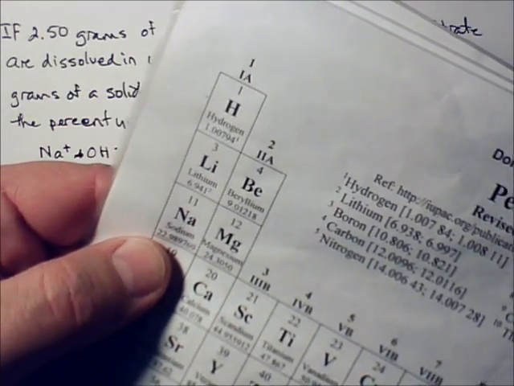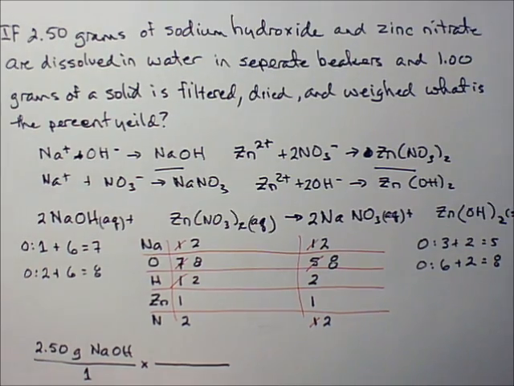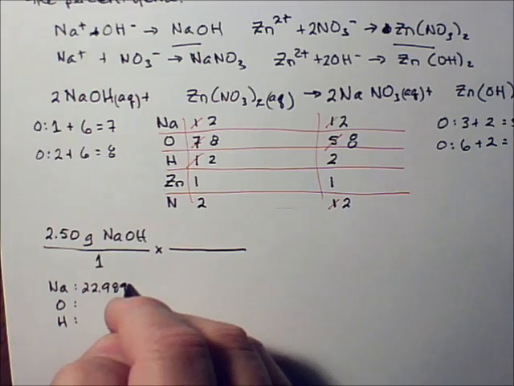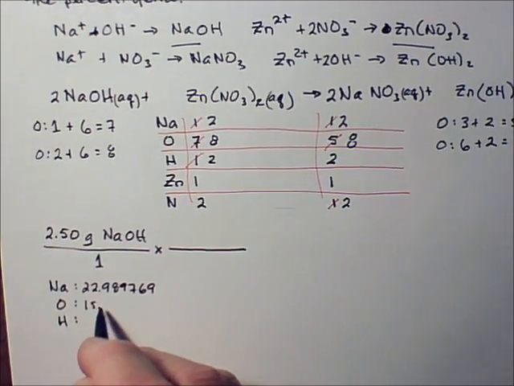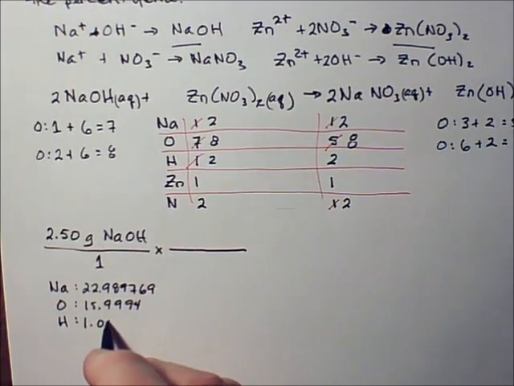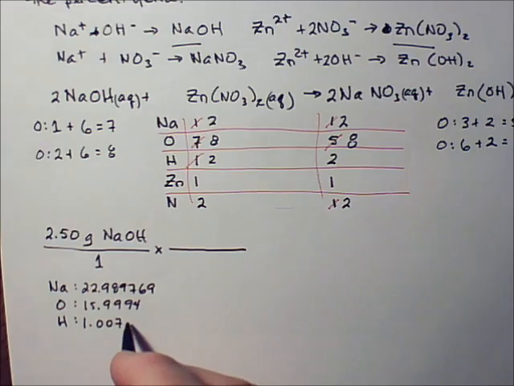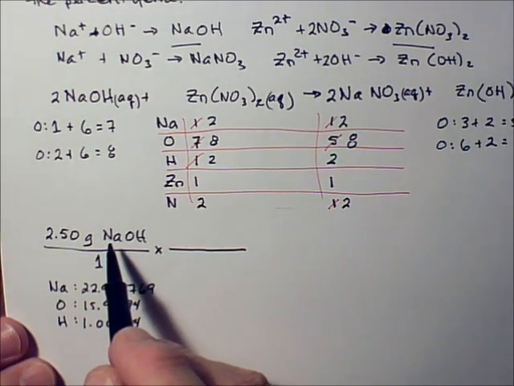For sodium, it's 22.989769. Oxygen is 15.9994. Hydrogen is 1.00794. In this formula, there's only 1 of each.